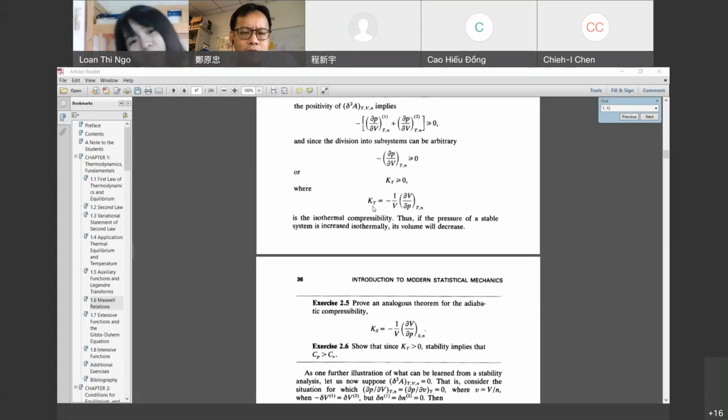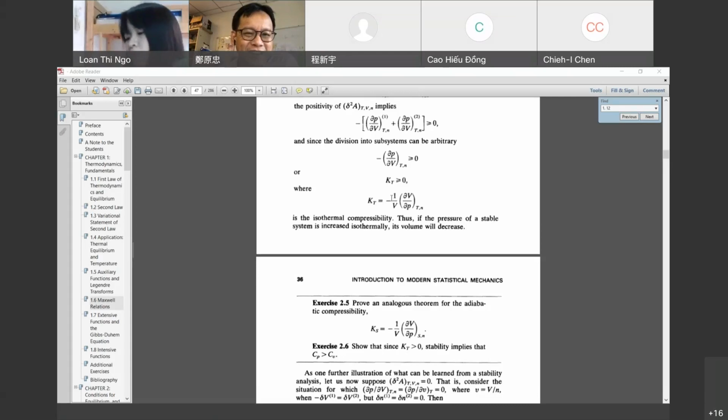With this formula, KT is the compressibility at constant T, right? And you can show that for a constant entropy. Adiabatic compressibility means compressibility at constant entropy, because in an adiabatic process, entropy is constant. So instead of KT, you can have KS.